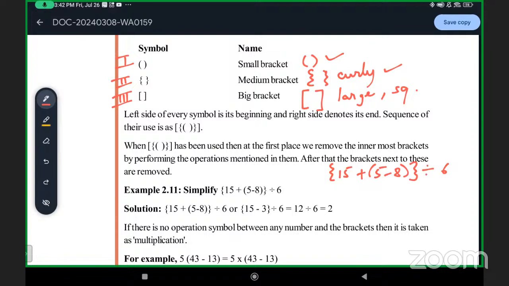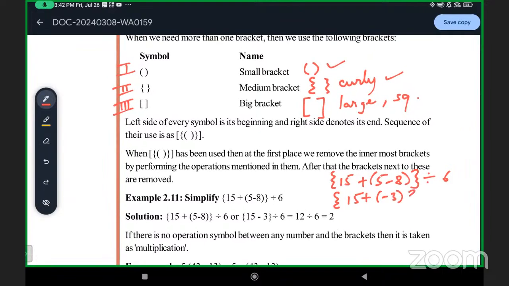First, you solve 5 minus 8 because it's in the small bracket. So this becomes 15 plus 5 minus 8 is minus 3, divided by 6.